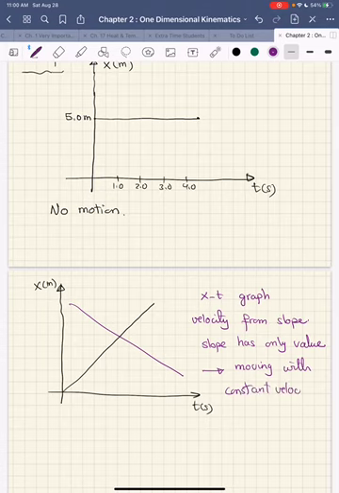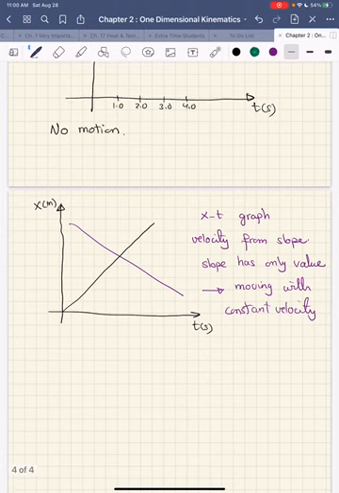But just one thing: the black is moving to the right, and the purple is moving to the left. Why? Because the slope of the first one is positive, and the slope of the second one is negative.